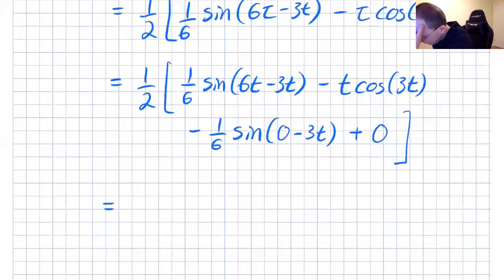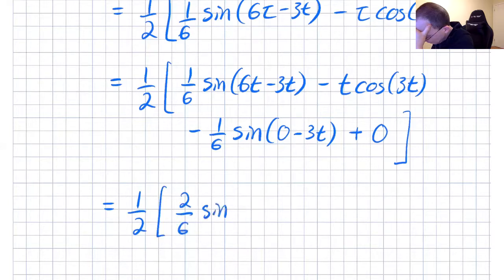Okay, let's simplify this. Here we have sine 3t, and here we have sine negative 3t. Because sine is an odd function, this negative sign pops out and makes this minus a plus. So we have sine 3t plus sine 3t, which gives us 2 over 6 sine 3t.